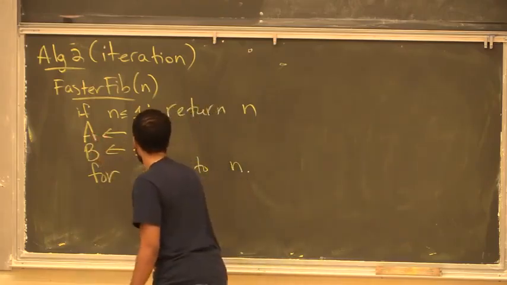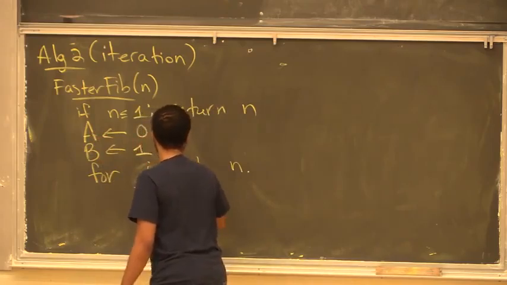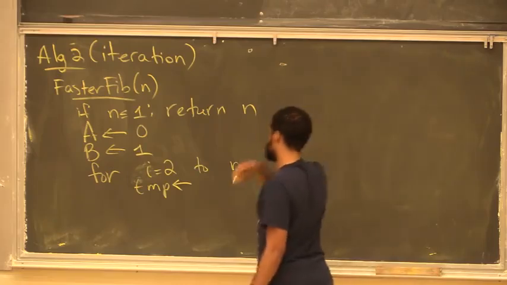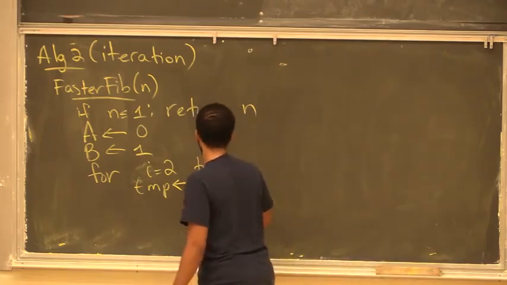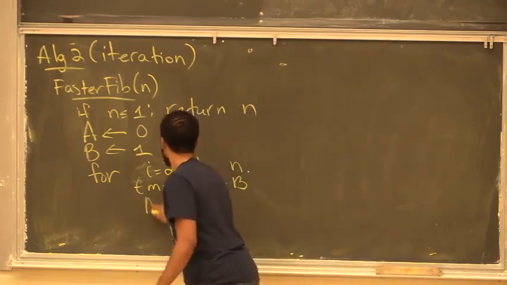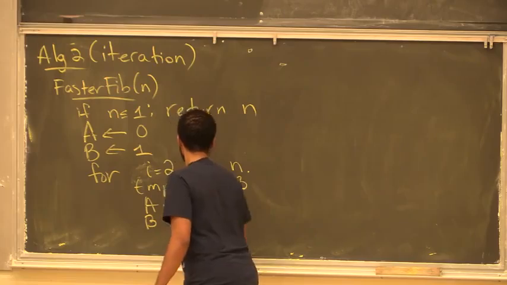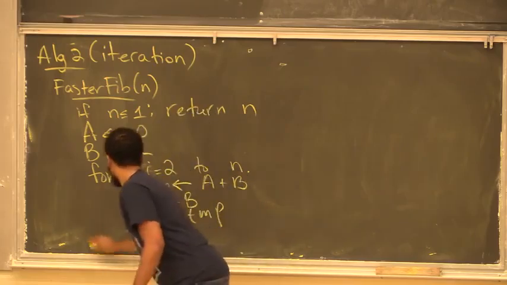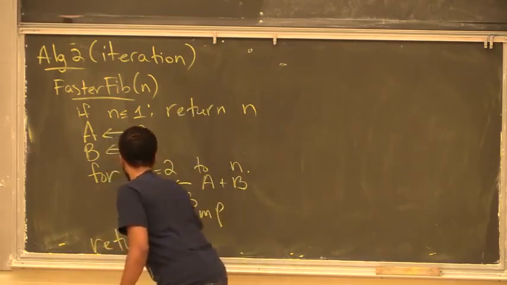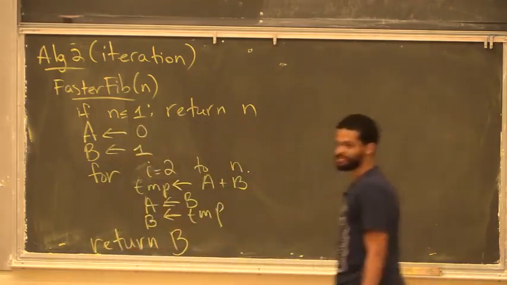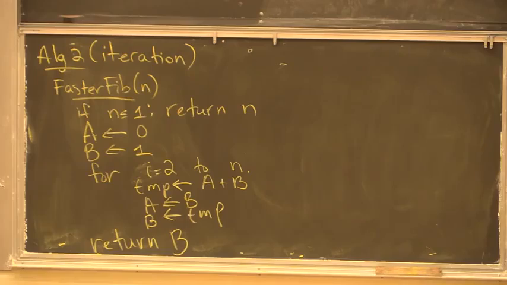So let's say temp is A plus B. A gets B, and B gets temp. And then down here I return B. Okay.